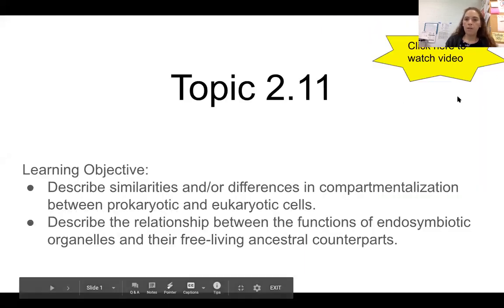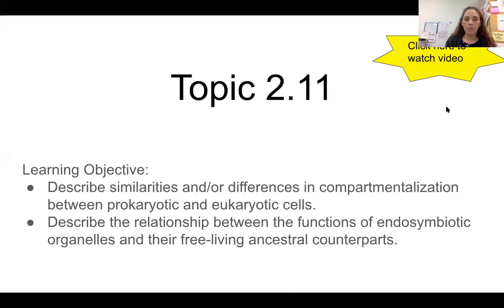So we've got to describe the similarities and differences in compartmentalization between prokaryotic and eukaryotic cells, and then describe the relationship between the functions of the endosymbiotic organelles and their free-living ancestral counterparts. So eukaryotes have a lot of compartmentalization. Really struggling with that word today. Prokaryotes don't.